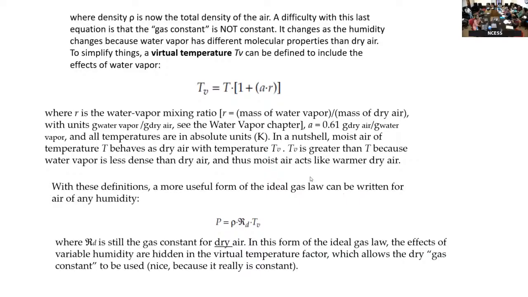Okay, considering this virtual temperature, we will be rewriting the gas law, representing our ideal gas law as p = rho R_d T_v. Here T_v is the virtual temperature, and R_d is still the gas constant of dry air.